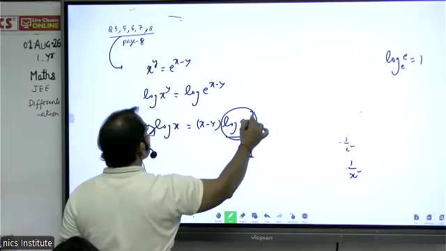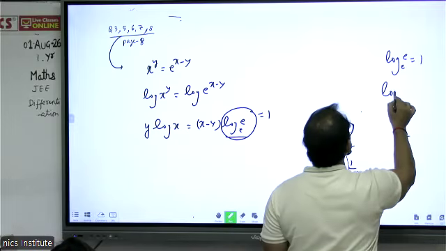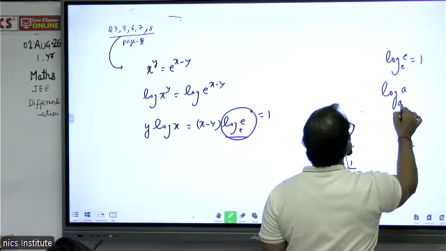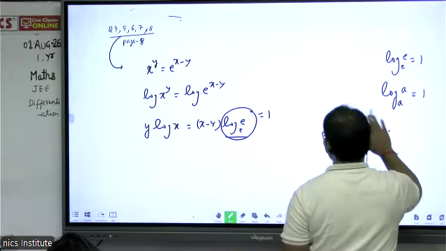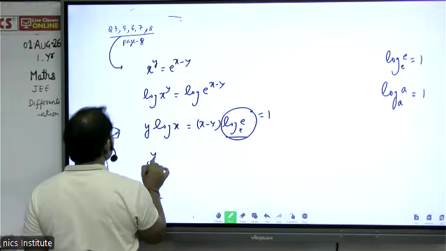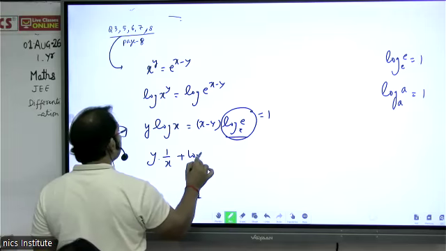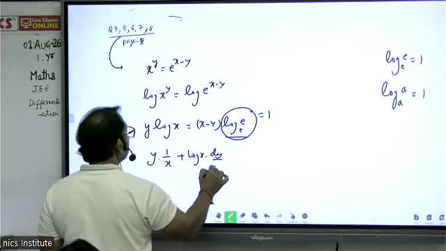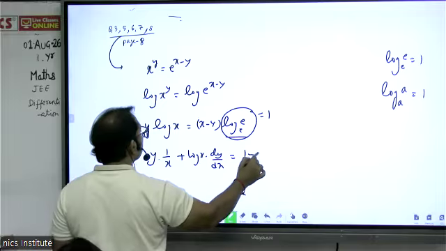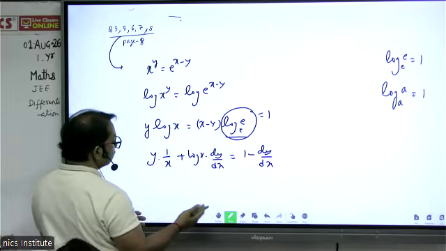Log of a to the base a is always 1. Now differentiate y as it is, 1 by x, log x as it is, dy by dx, right side 1 minus dy by dx. Bring all the terms of dy by dx on one side.